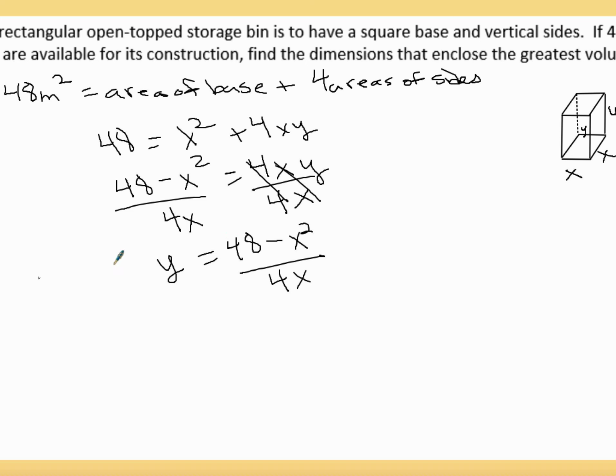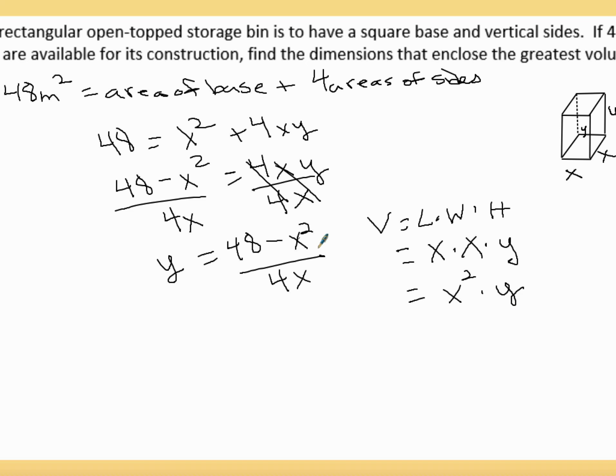All right, so volume is length times width times height. We're trying to maximize the volume here, even if we do not have the top on it. Our length was x, our width was x, and our height was y. So this is really x squared times y.